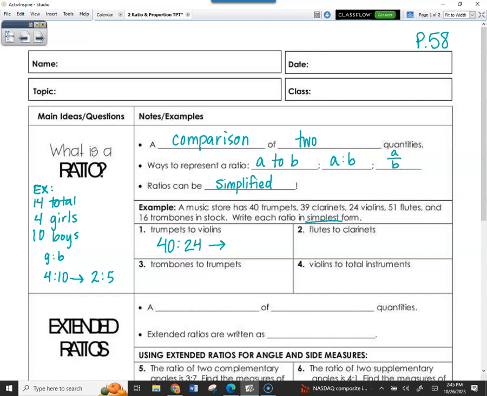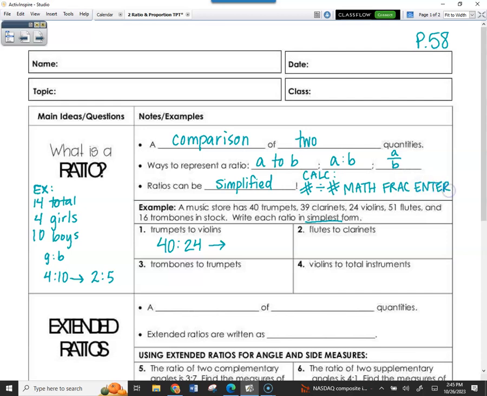Let me show you a trick on your calculator that will help you to reduce ugly numbers. You may want to even write this right here, CALC for calc. You're going to do the number divided by the number. Then you're going to hit math, frac, and enter.